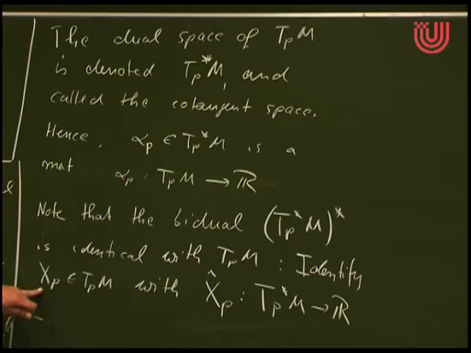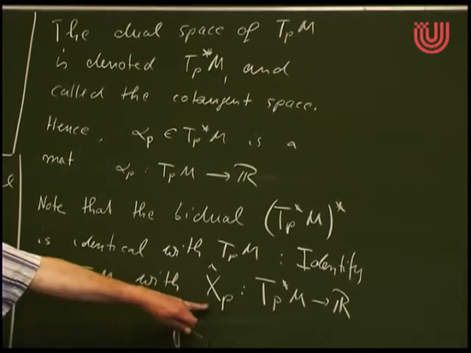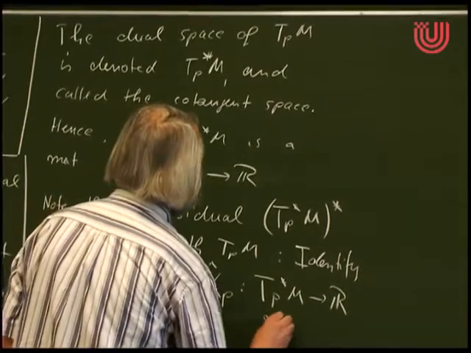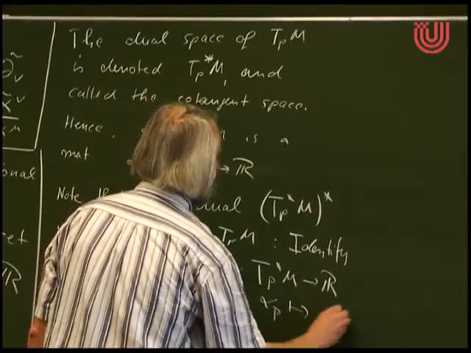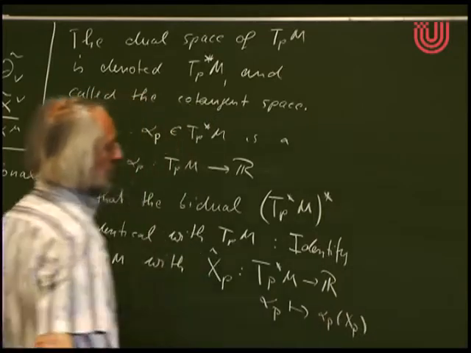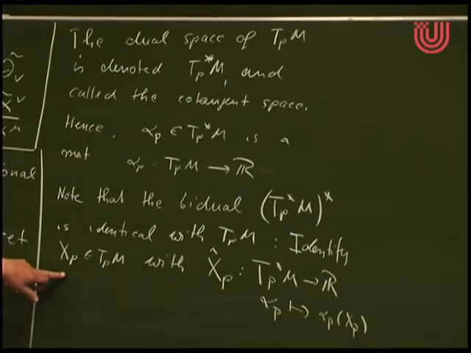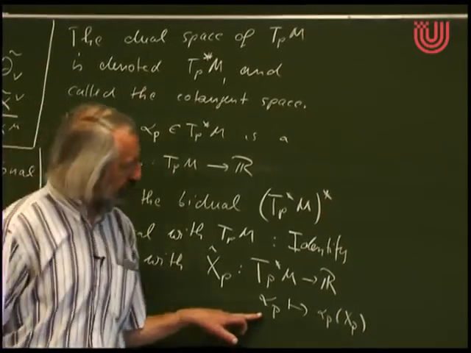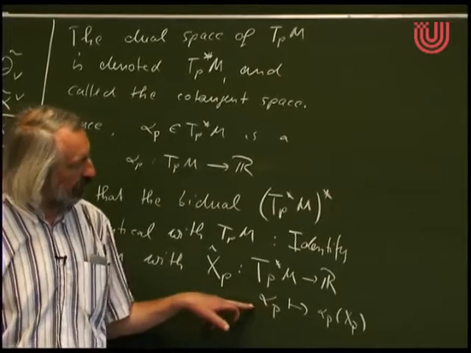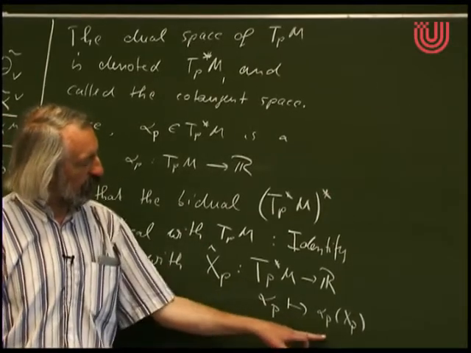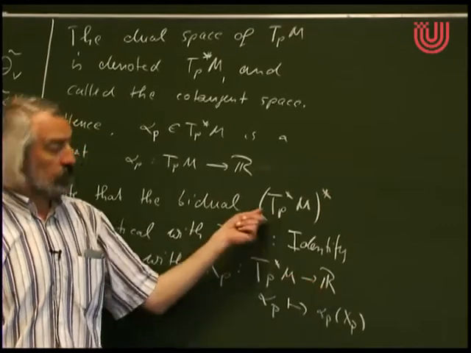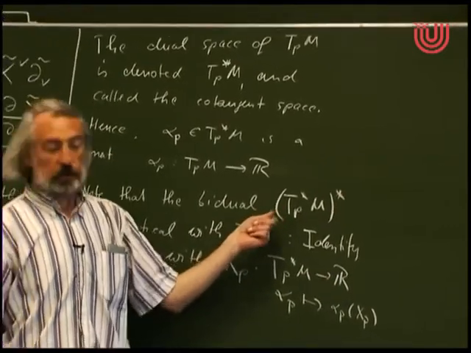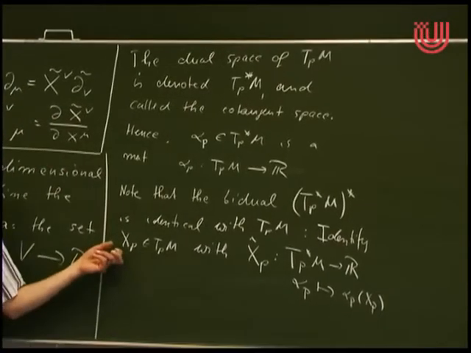Now if I have a vector, I can easily construct such a map. Namely, every covector alpha p is just applied to this XP. If you give me the XP, this map is well defined. I can associate any alpha p with this number. This gives me a linear map from TPM star to R, so it gives me an element of this space. And obviously it is uniquely determined by the XP.